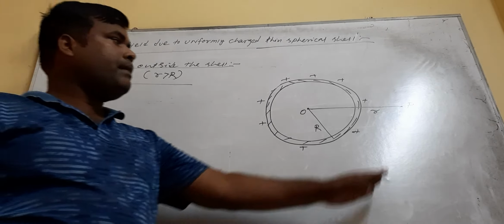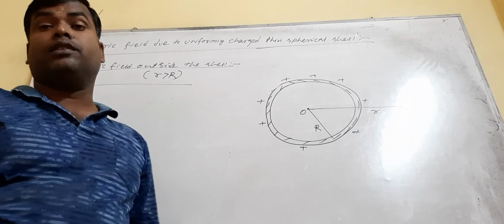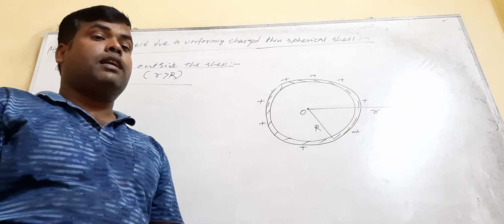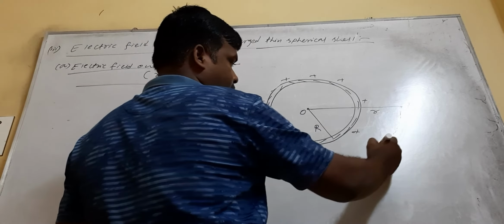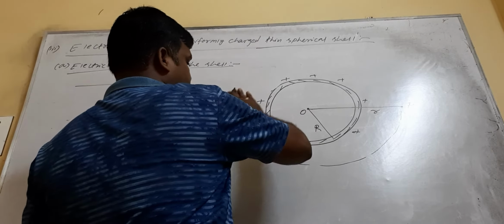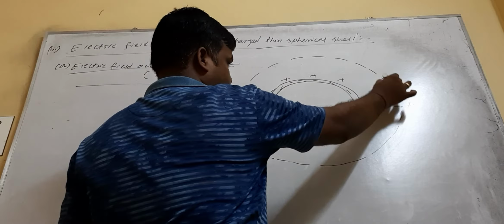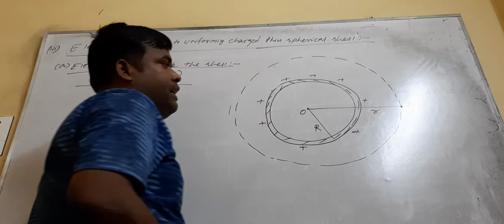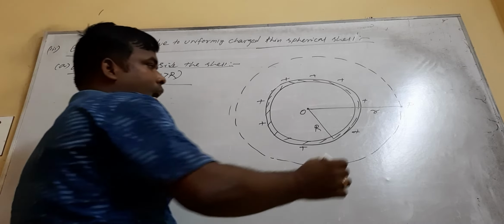To find the electric field here, you apply Gauss law, so you have to consider a Gaussian surface. By symmetry, I will consider the Gaussian surface as a sphere with the point P lying on its surface.